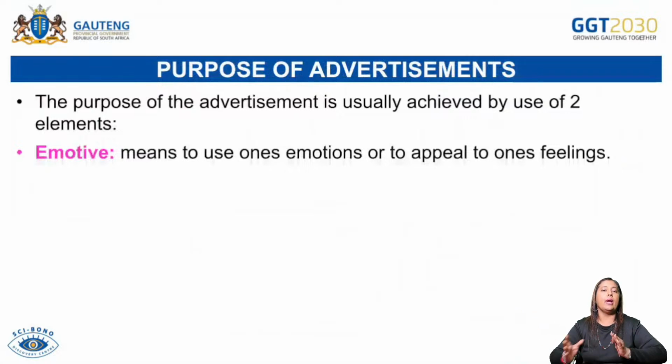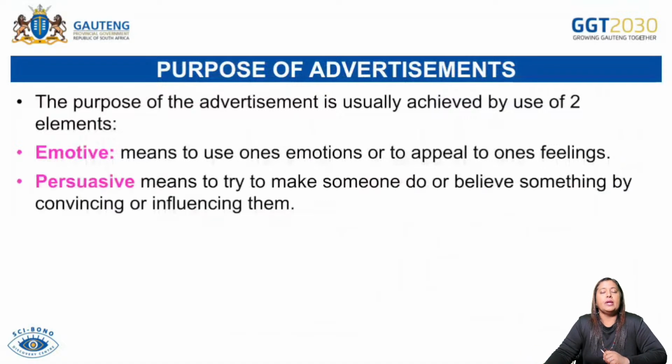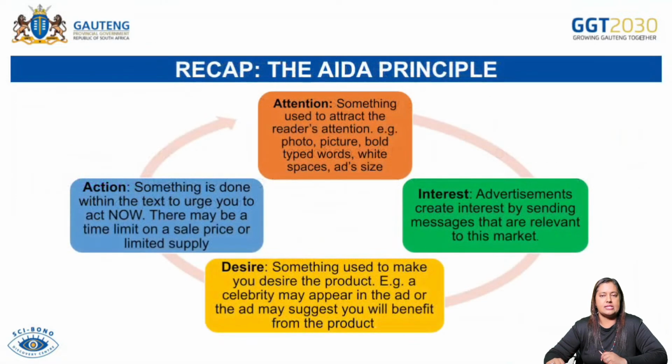So the advertiser can stir you positively or negatively toward a particular viewpoint. There is also the aspect of it being a persuasive piece, meaning you're trying to get someone to buy into your idea, and the advertiser is doing just that when advertising something. Those two aspects are very important in your understanding.